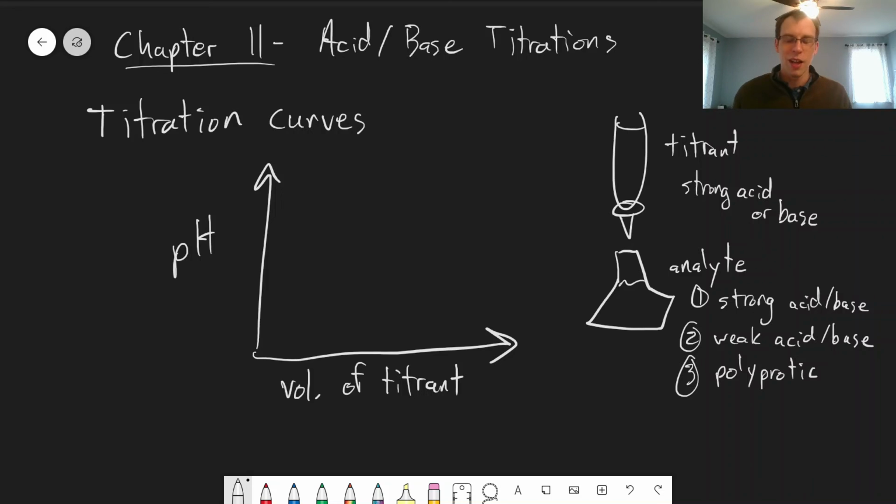We'll also have a more general discussion about analytical chemistry and the importance of checking things with regards to Kjeldahl analysis. So that's an introduction to chapter 11, and in the next video we'll jump into titrating a strong acid or strong base.